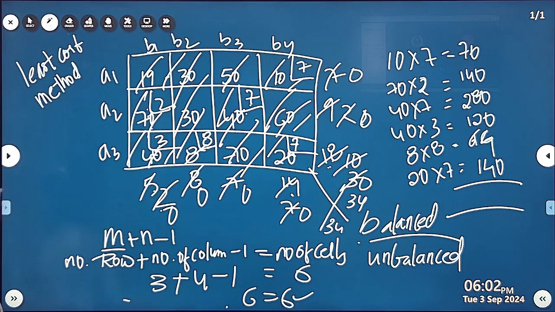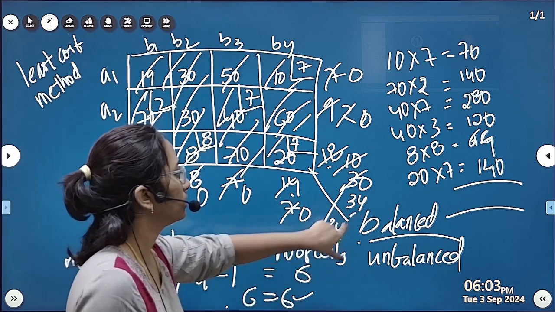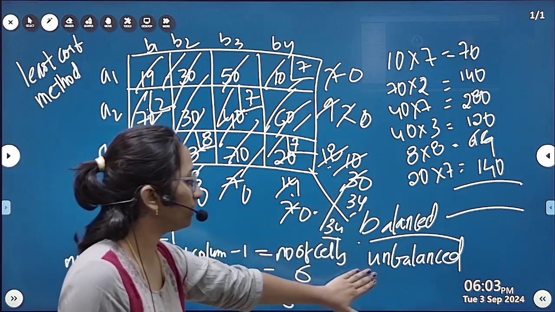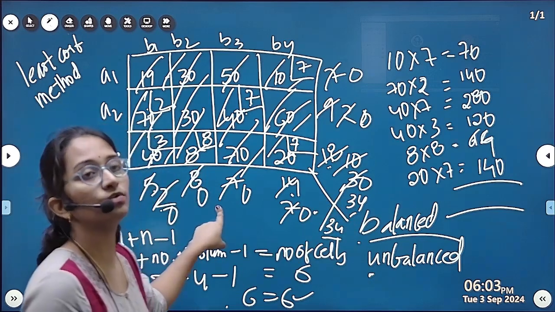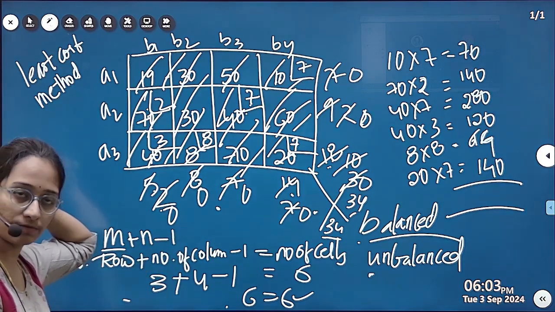When the rows and columns values are equal, then that will be balanced. If it is not equal, then that will be unbalanced. In an unbalanced question, we need to introduce a dummy matrix to solve the question.